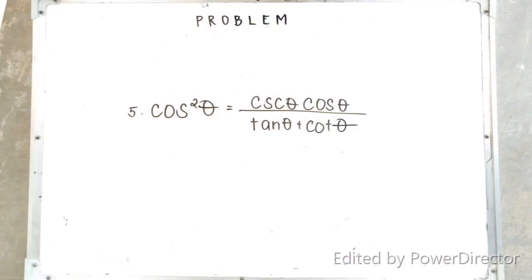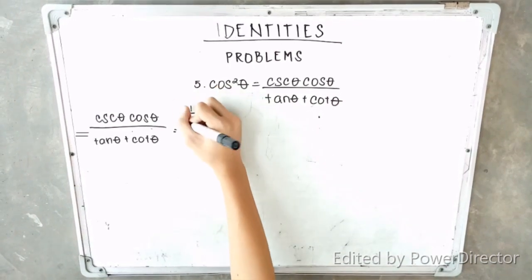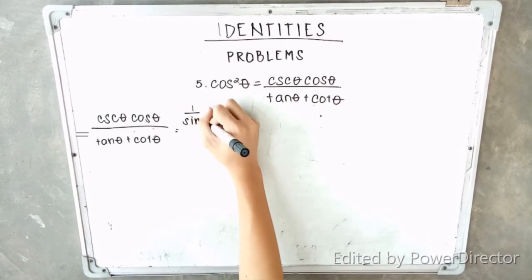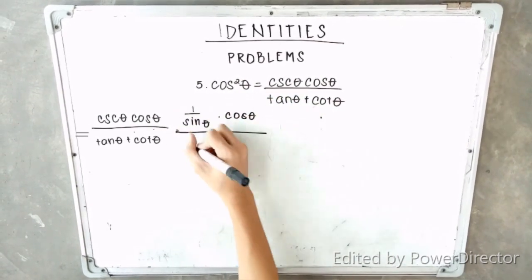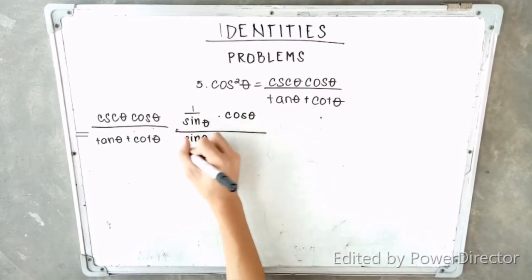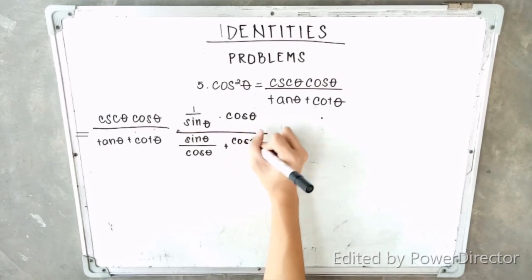For the last one, cosine squared theta is equal to cosecant theta times cosine theta over tangent theta plus cotangent theta. Convert cosecant theta times cosine theta over tangent theta plus cotangent theta into 1 over sine theta multiplied by cosine theta divided by sine theta over cosine theta plus cosine theta over sine theta.